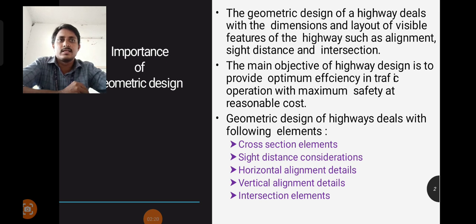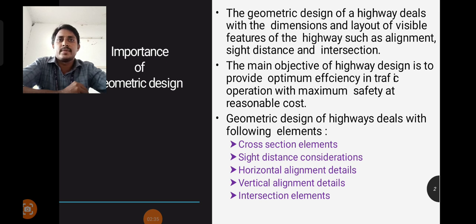Let us discuss these three, then later we'll start the cross-sectional elements. Alignment is nothing but the center line of the road or the center line of the highway.